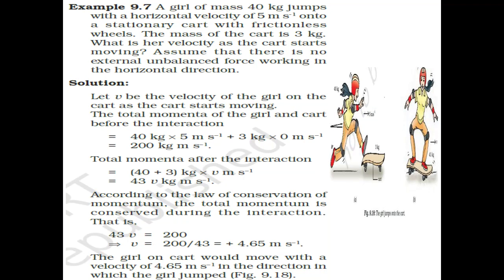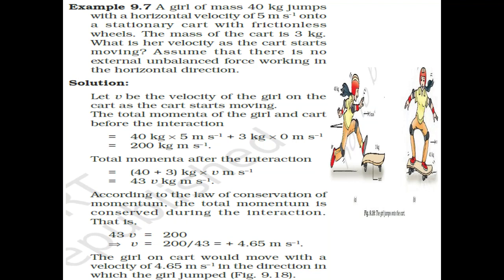So she is moving with a velocity of 5 meter per second, and the mass of the stationary cart is given as 3 kilogram, and the initial velocity of this cart is 0. So in this question the velocity of the girl is given, the velocity of the cart is 0, and the masses of both are given. This was the case initially before collision.